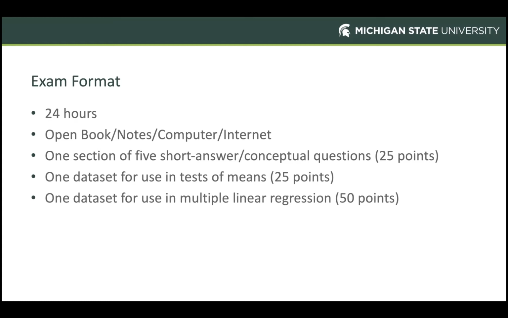And then for the quantitative portion, you'll be provided with 2 data sets. The first of those will be used to apply a number of the simpler statistical tests that we have learned, so different tests of means, whether that's in a parametric framework, so 1 or 2 sample t-tests, paired t-tests, etc., the non-parametric alternative.